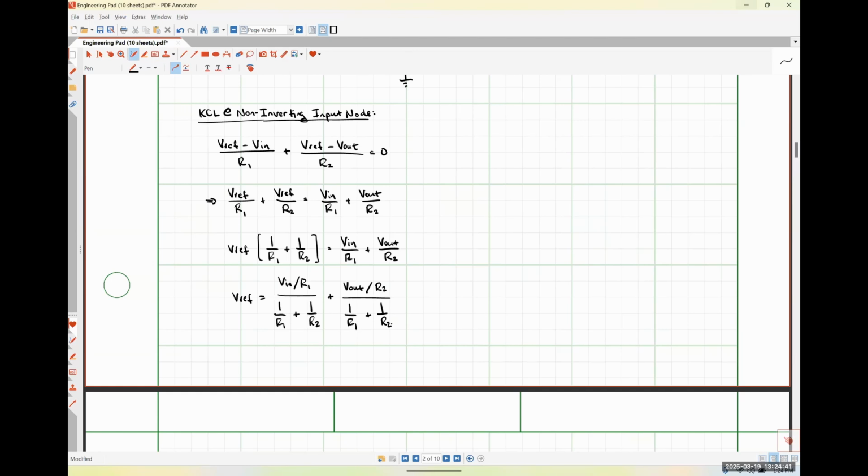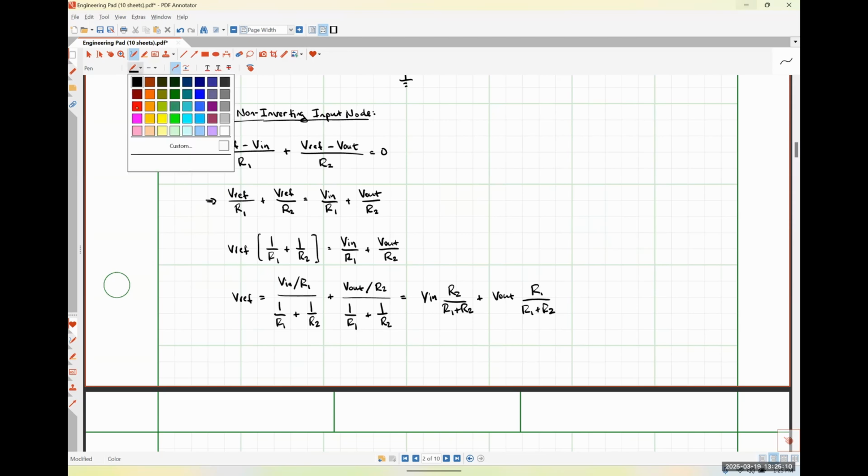So if I have Vn times R1 times R2 over R1 plus R2, and that's all divided by R1, the R1s in the numerator are going to cancel out. And that's going to leave me with Vn multiplied by R2 over R1 plus R2. And pretty similarly, I'm going to have V out multiplied by R1 over R1 plus R2.